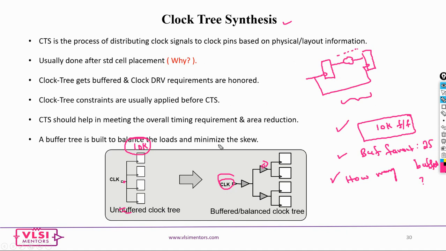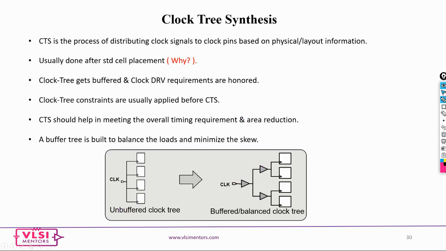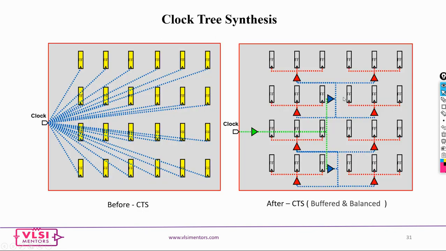Now, your CTS comes with certain constraints, and ideally speaking, there is something called insertion delay and skew. So these two are the main parameters that we actually look at. So this step is called CTS, and we implement the clock tree, and then we focus on certain QoRs.